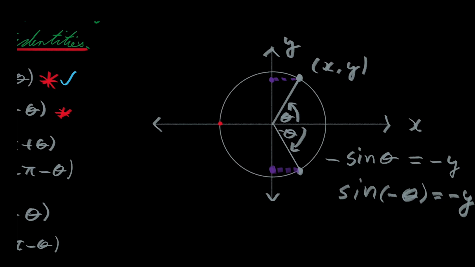Now pi minus theta would just be going all the way around by pi radians and then going back in the other direction by however big theta is.